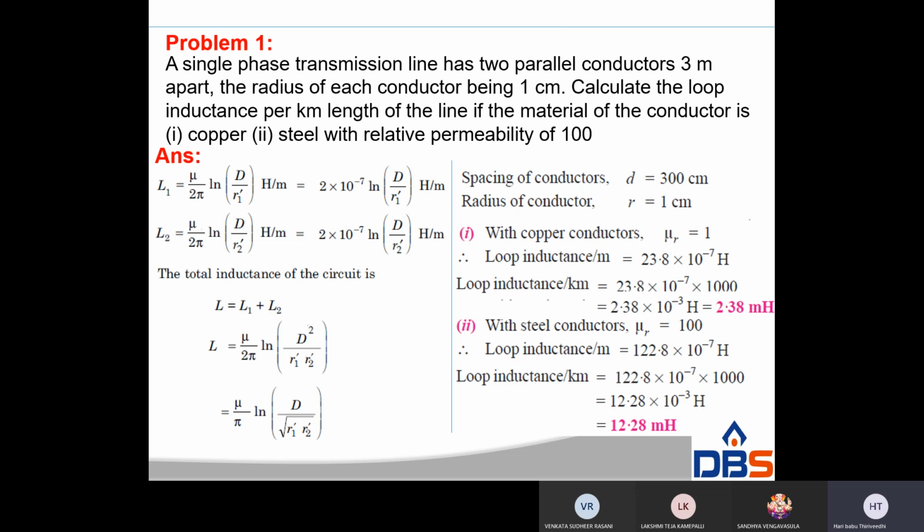So loop inductance is nothing but a formula.